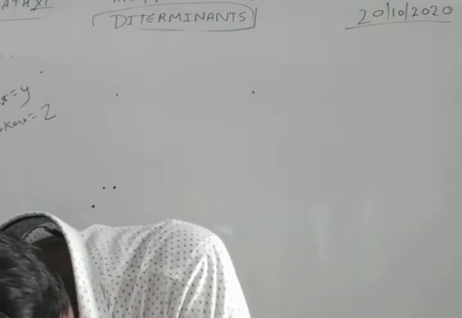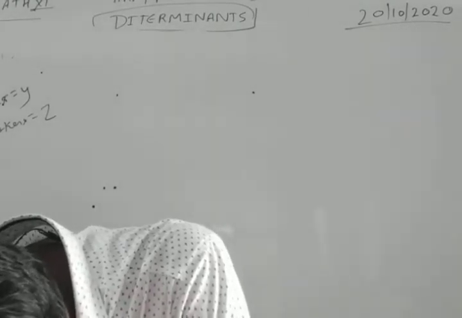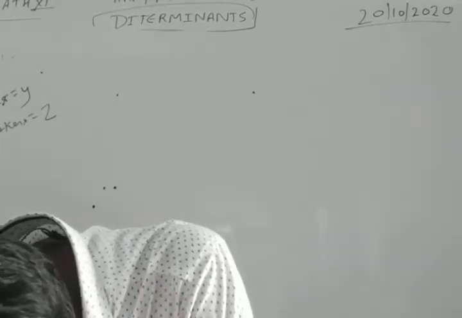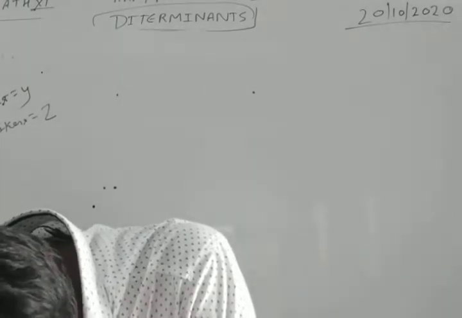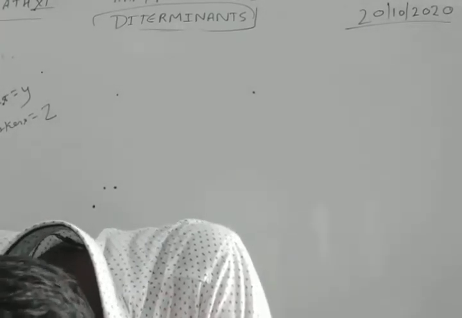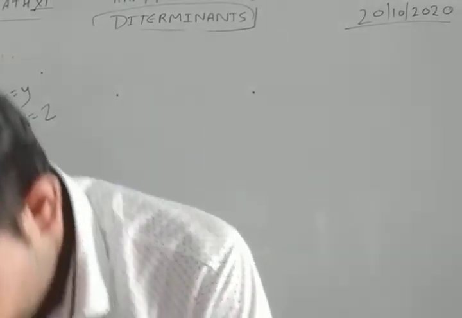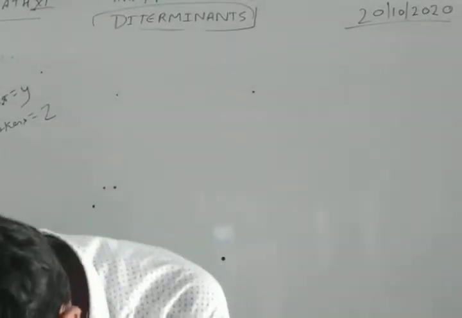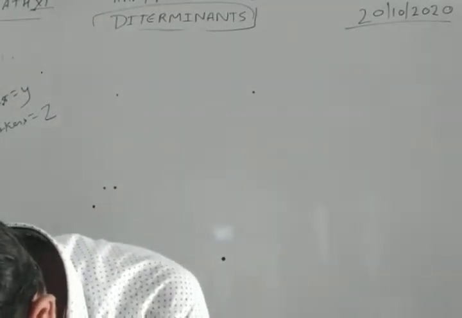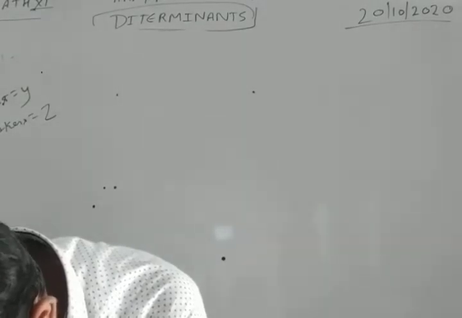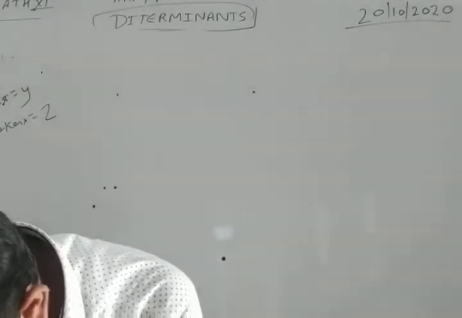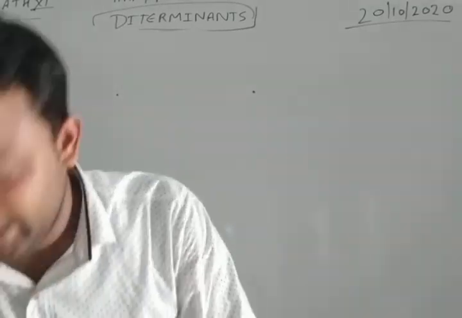And the third condition, the sum of the number of awardees for honesty and supervision is twice the number of awardees for helping others. Using the matrix method, find the number of awardees for each category.